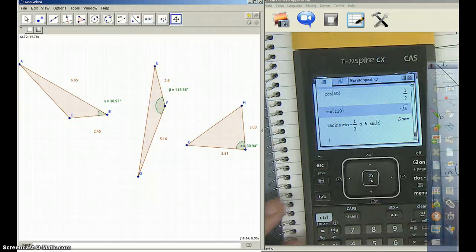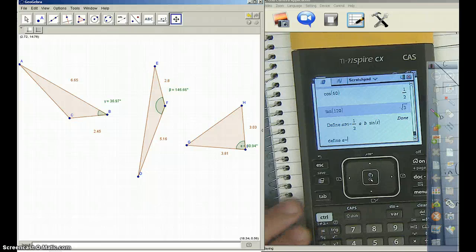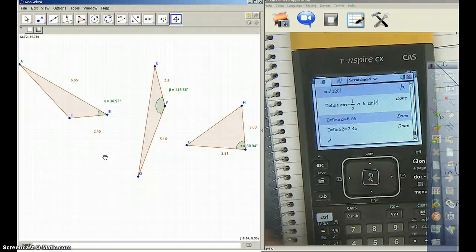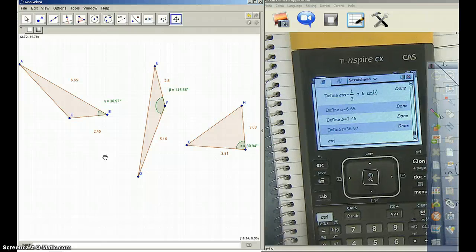So I'm going to define a is equal to 6.65, and enter, and define that b is equal to 2.45, enter, and define that t is equal to 36.97, enter, and then I can do my area of a triangle and just hit enter.